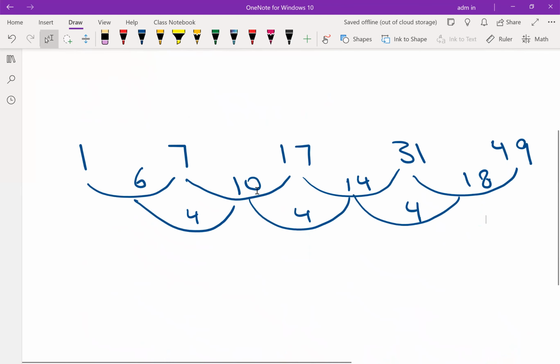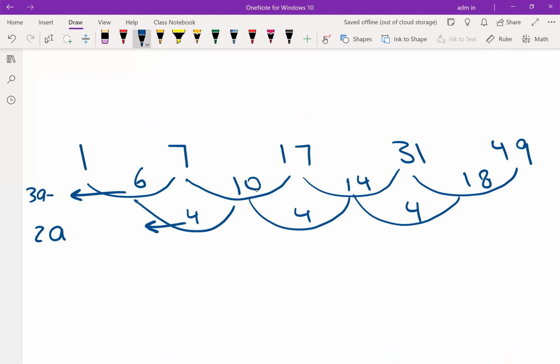First, this one is 2a. The second difference is 2a. This part is 3a plus b, and this one is a plus b plus c.